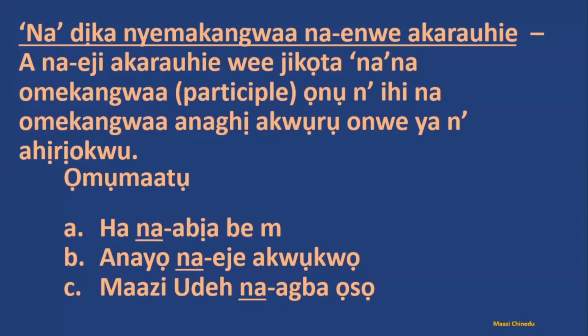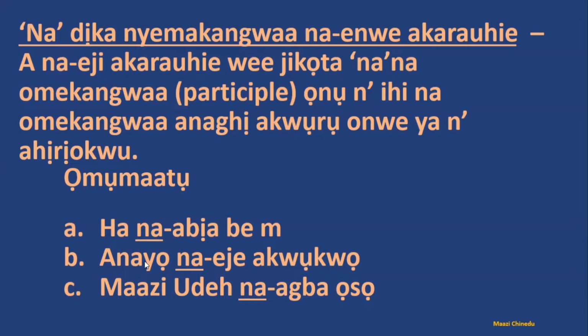If you are to say ha abịa bem, you will find out that this sentence doesn't have full meaning. But when you say ha na-abịa bem, it will have a full meaning. Ya bụ na n'ebe a na-arụ ọrụ dịka enyemaka ngwa site n'ịgbakwunye ya akara uhie.